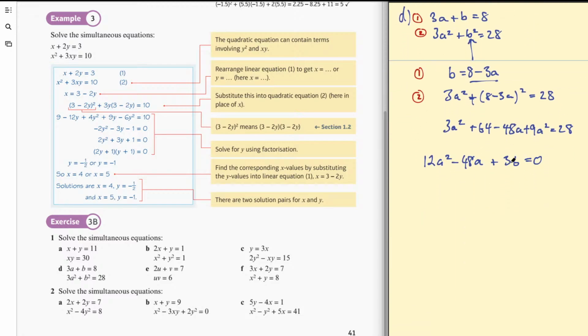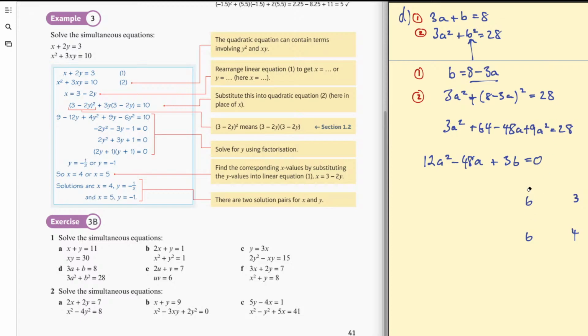Can I factorize it? Factors of 36, 6 and 6, factors of 12, so I need to make 48. Okay, let's do our little cross thing. If I use 6 and 6 and 3 and 4, is that possible? This would be 18. No, I need 24 twice.